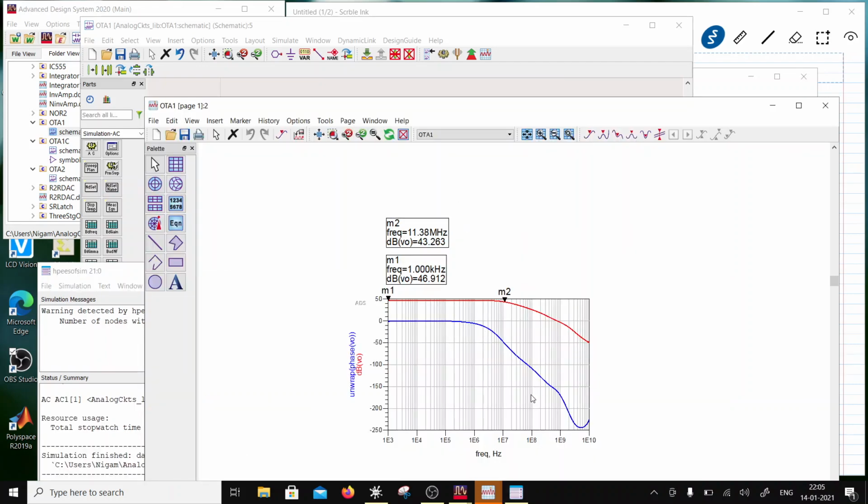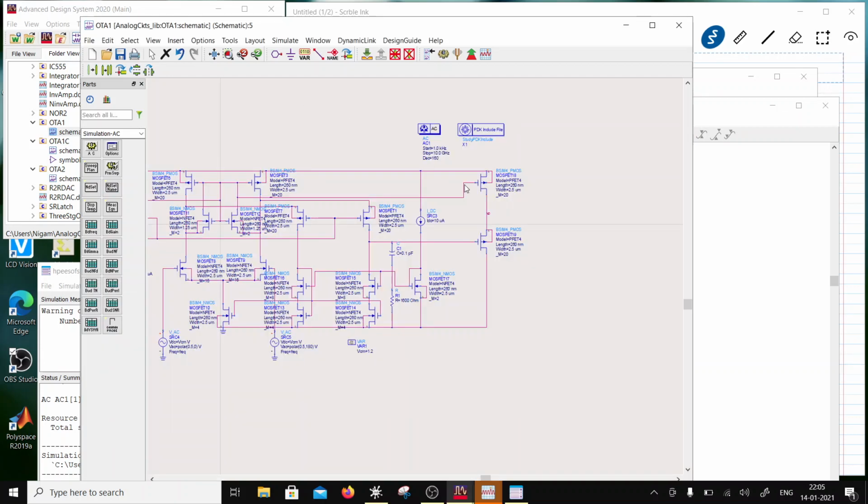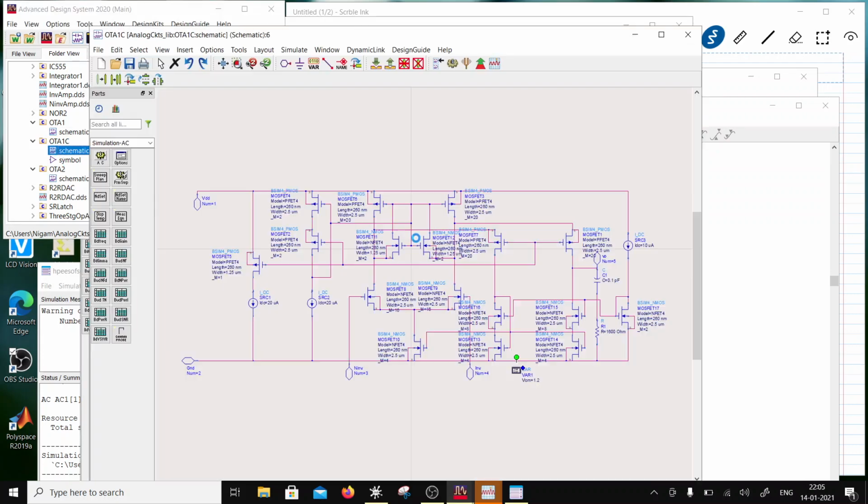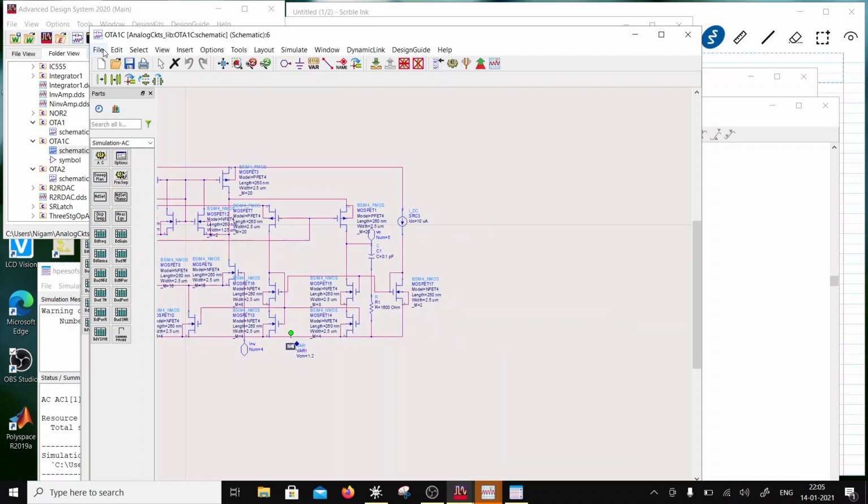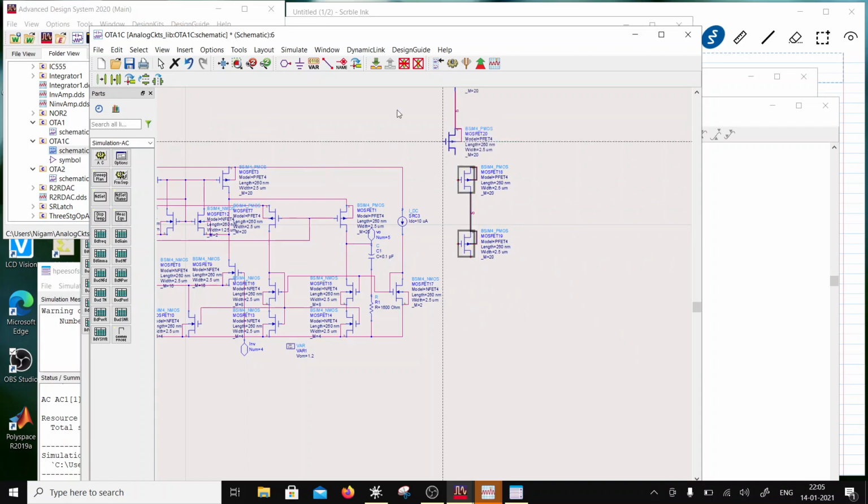Okay, so now what you have is 46.9 gain and 43.9 is roughly over here 10 megahertz bandwidth, right? So this is OTA1. So what I'll do is I'll just take this and put it at the output stage. So edit, copy. So if I go to the component, I am going to have a edit, paste, correct?